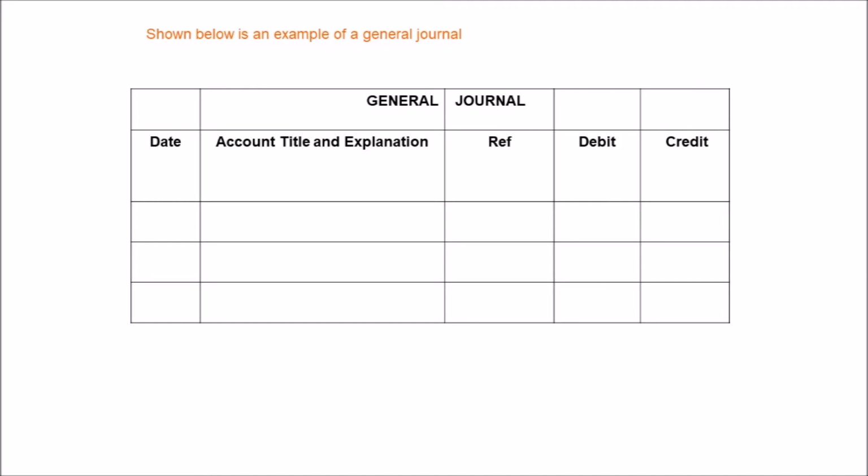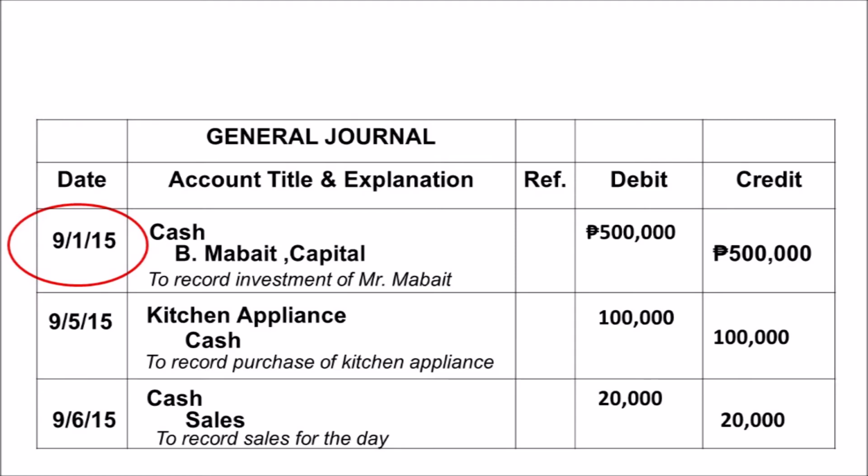Then let's proceed to the procedures in journalizing. Okay, so the first thing we need to write is the date. So the date at which the transaction occurred, and then also we can see the account titles and explanation.